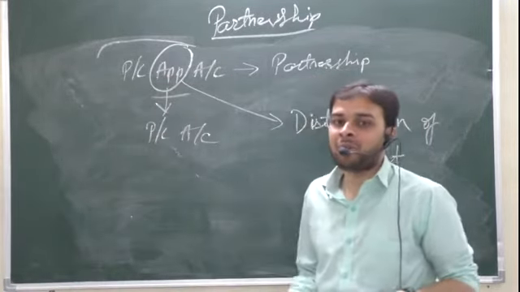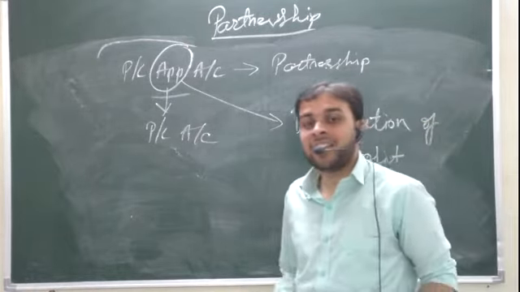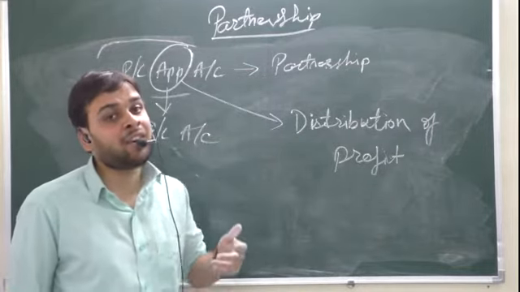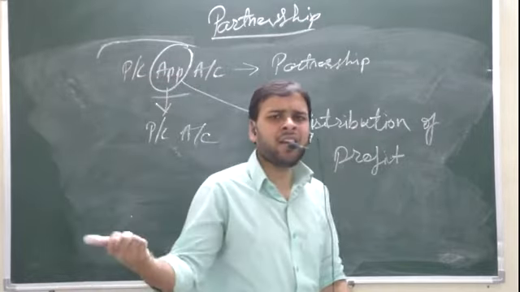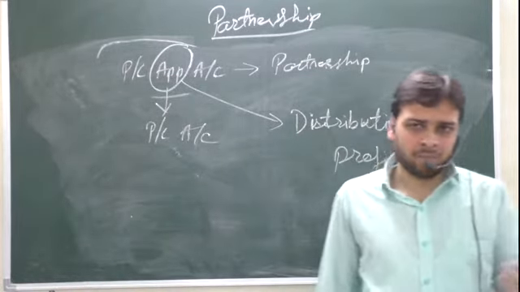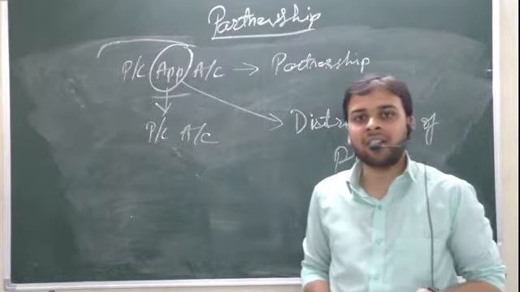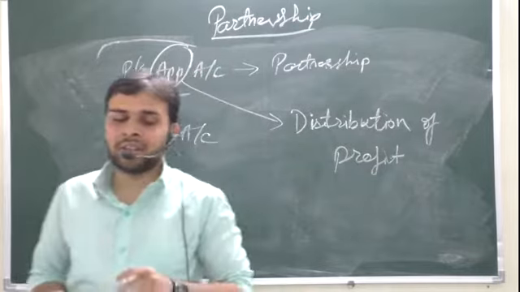If he contributes towards boosting the sale of the firm, he will get commission from the firm. If the partner has introduced capital in the firm, he demands interest against his capital, because if he invested that amount somewhere else, he would definitely get some return out of it.